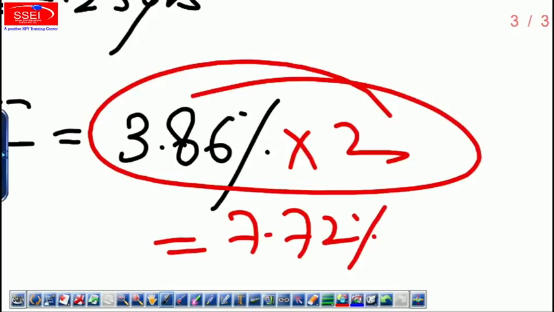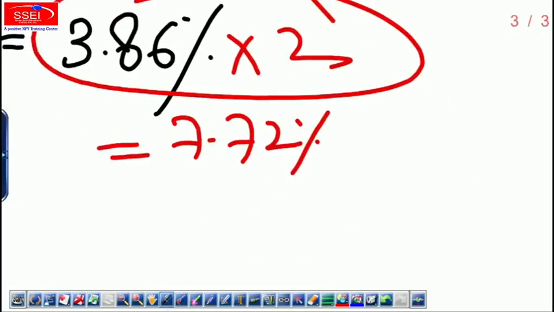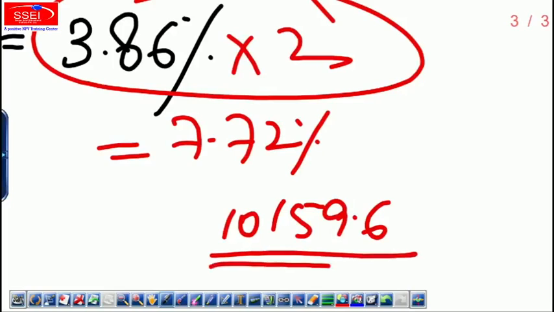So 9431.5 plus 7.72% of 9431.5. That comes to 10,159.6 approx. So if you use only duration, the price will rise to 10,159.